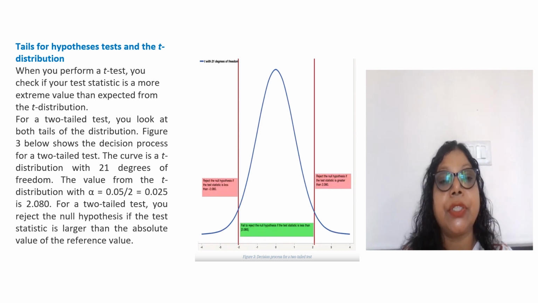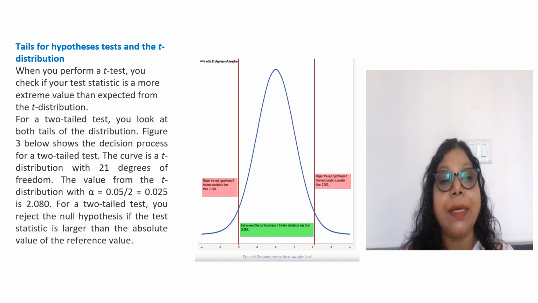The curve is a t-distribution with 21 degrees of freedom. With alpha 0.05 for a two-tailed test, it becomes 0.025 on both sides. The t-value for 0.025 is 2.08.